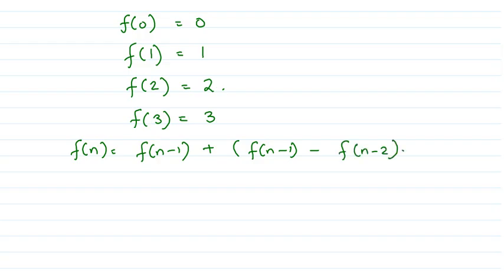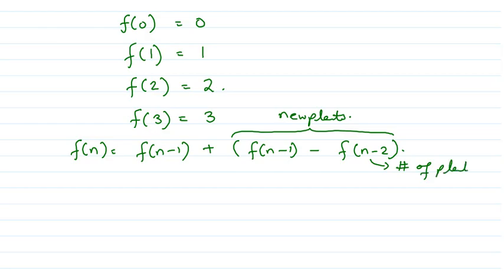This is the term for the new plants being produced in their first year, and that term denotes the number of plants that are 1 year old.